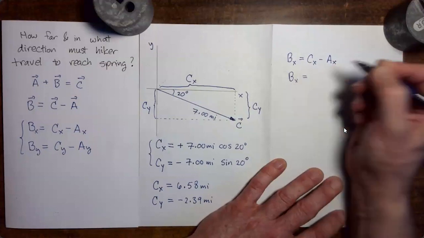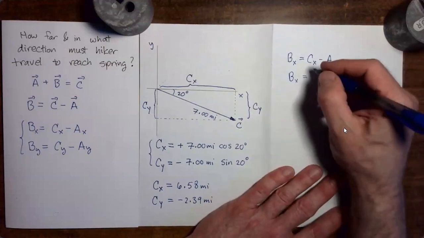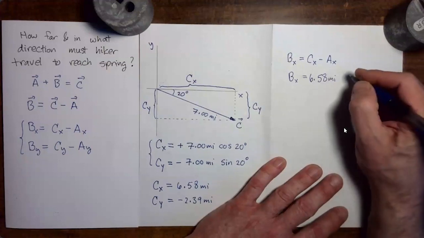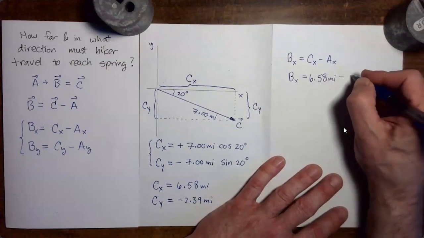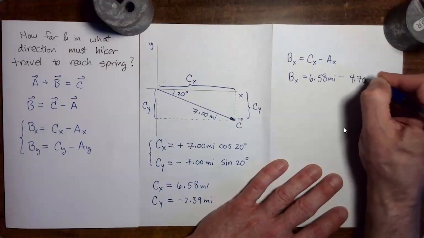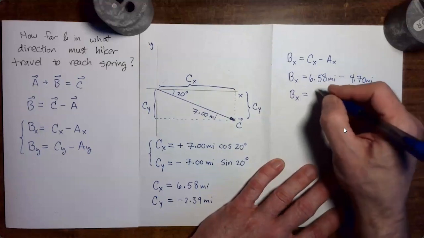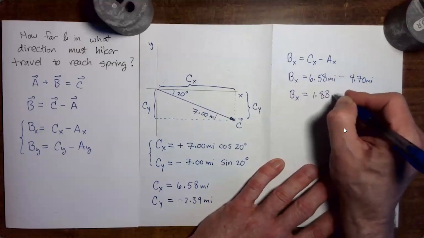Substituting our results from before, c sub x is 6.58 miles, a sub x is 4.70 miles. So when we do the subtraction, we get b sub x equals 1.88 miles.